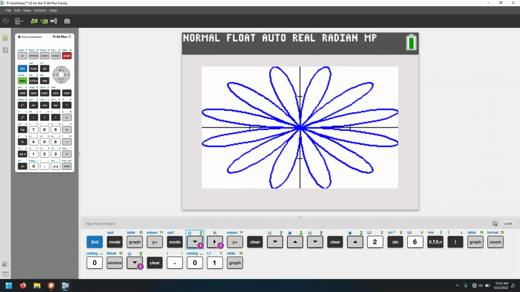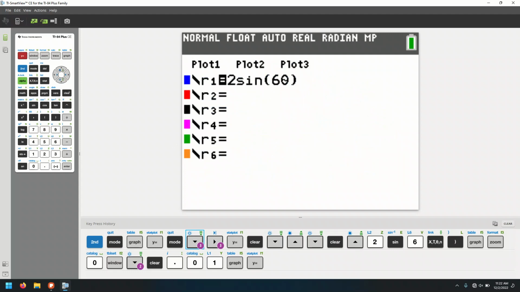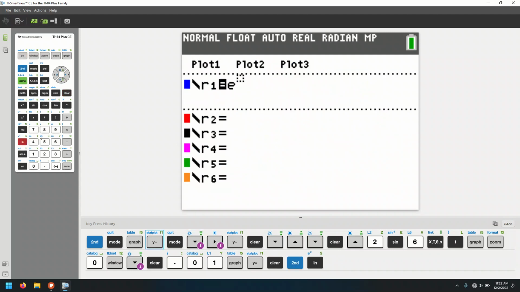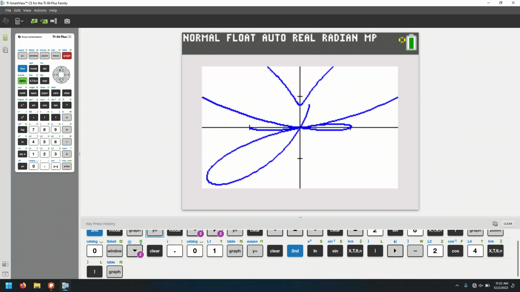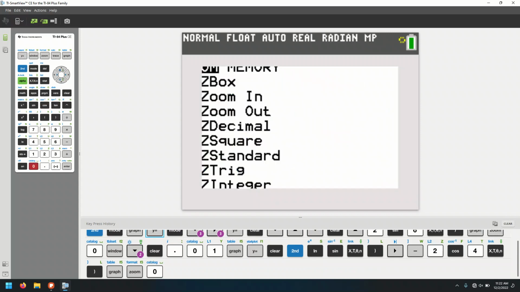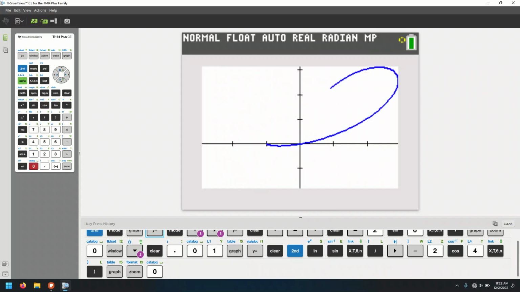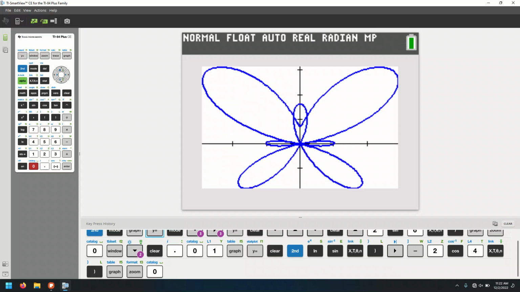Okay, so for the butterfly, let me clear all this, and that's going to be secant theta... actually e to the sine theta, close parentheses, minus 2 cosine 4 theta, and graph. Well, initially I'm not going to be able to see the whole thing, so again, let's zoom fit, and there it is. There's the butterfly.